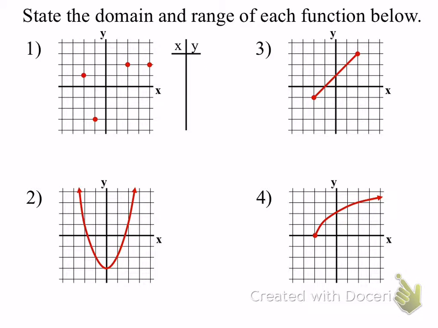You find all the points. And so in this case, notice, for number 1, my domain is -2, -1, 2, and 4.